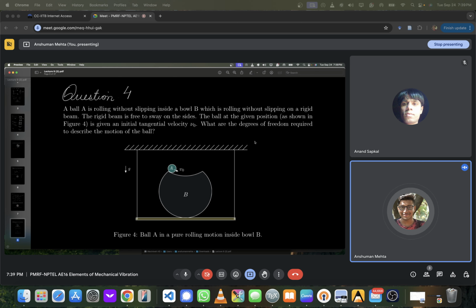It is given an initial tangential velocity v naught. So again, the question is, what are the degrees of freedom required to describe the motion of the ball? You have to think practically in this also.